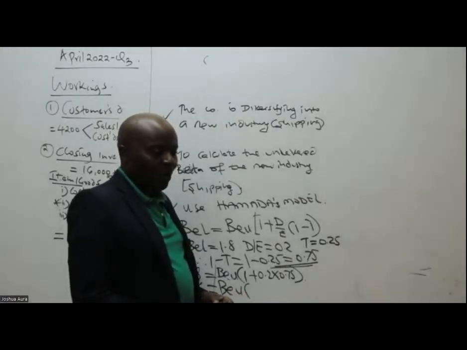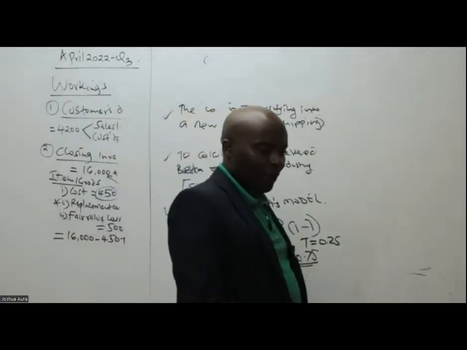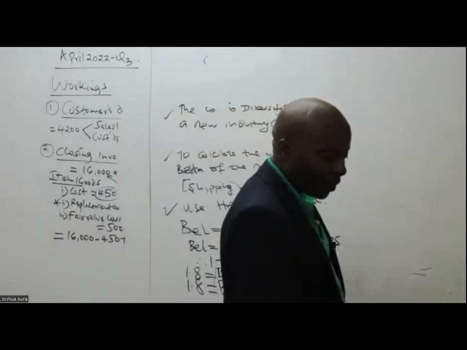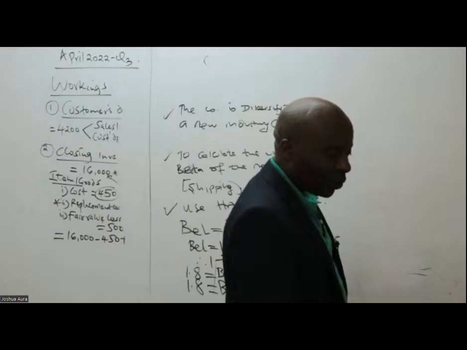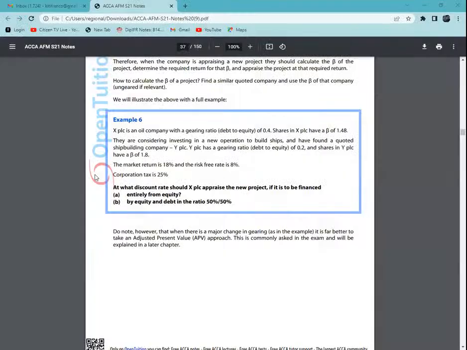First of all, we are answering this question before we go to April 2022. Question number 1. I would want you guys to have a very strong grounding of this Hamada's model. I don't want us to take any chances. So this is a question that you are doing. And before I forget, because of my schedule, I would want to take this opportunity to send you this book right away.